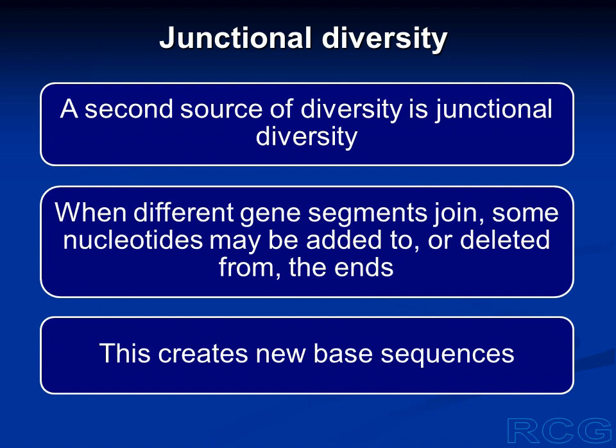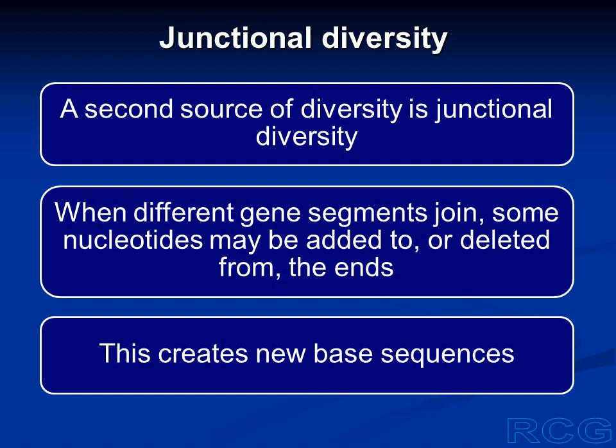While combinatorial diversity is the major mechanism for antibody diversity, this is not the only source of diversity. There is a second source of diversity, which is known as junctional diversity.